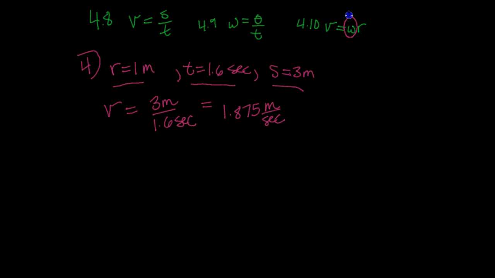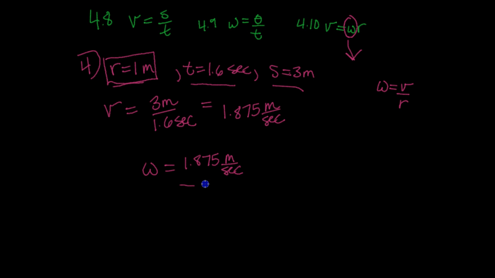So I'm going to use this formula, because I also know, do you see that I have the radius? So if I solve this and I say, okay, omega is equal to linear speed over the radius, then I can find this easily. So omega is equal to velocity, excuse me, I'm so used to that V. That's meters per second.